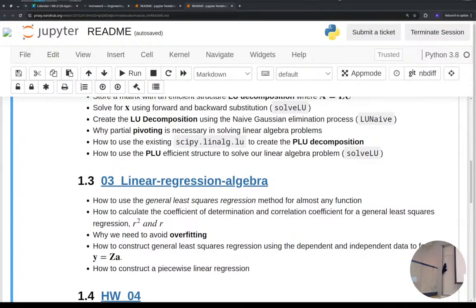Okay. Looking at Gauss elimination, LU decomposition. Okay. Nice. Using that to solve LU.